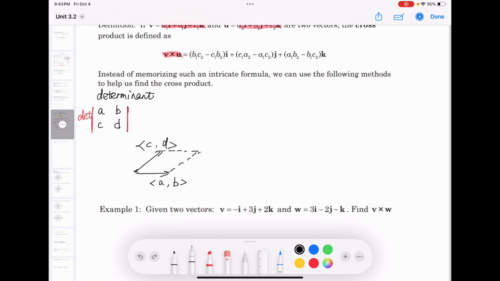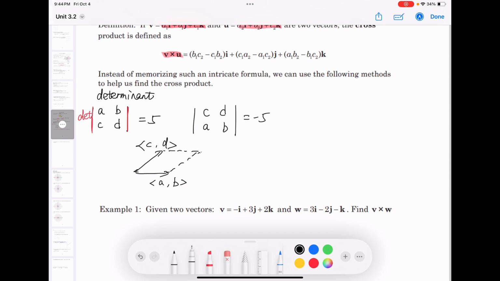And if you change the position of the two vectors, you will get the opposite determinant, or the negative. For example, this is positive 5, and if you change the order, you have CD and AB, the determinant changes to negative 5. It doesn't mean the area is negative 5.